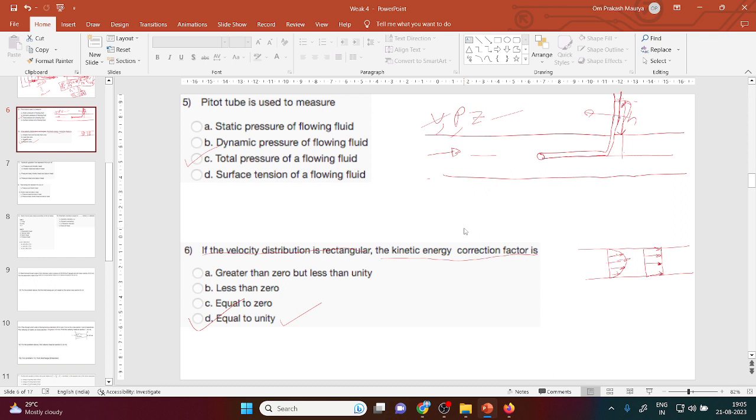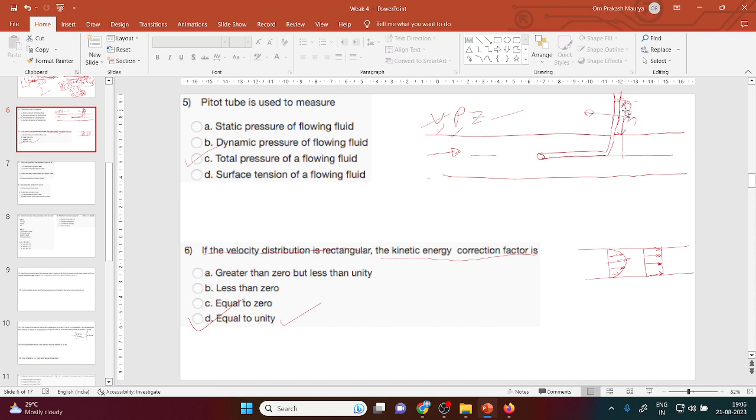In question number 5, what is given? The pitot tube is used to measure what? Basically here, static pressure, dynamic pressure, total pressure, or the surface tension of the fluid. As you insert the pitot tube in the pipe flow, your height will increase in the pipe, and this height depends on the velocity, pressure, and your datum head.